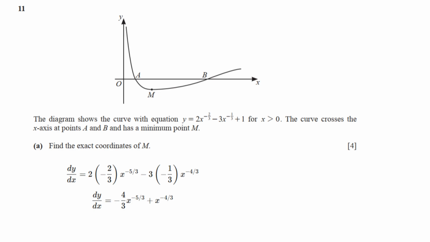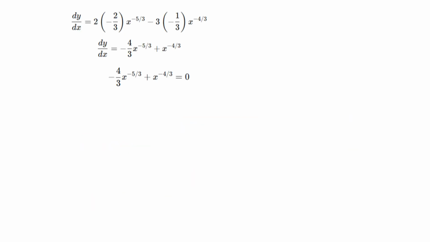So equate this dy by dx to 0. Now simplifying this, we get 4 over 3 is equal to x raised to the power minus 4 over 3 whole thing divided by x raised to the power minus 5 over 3.